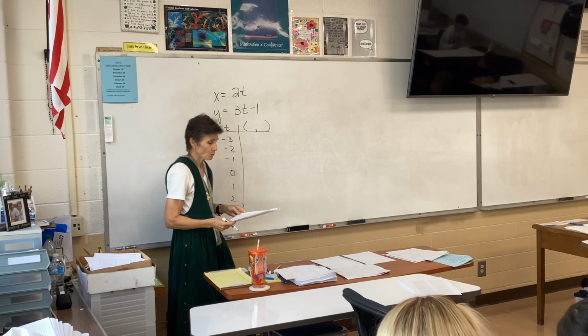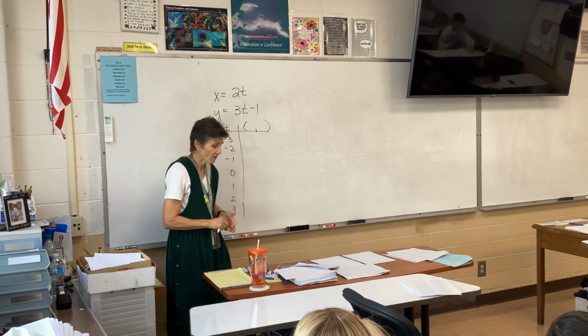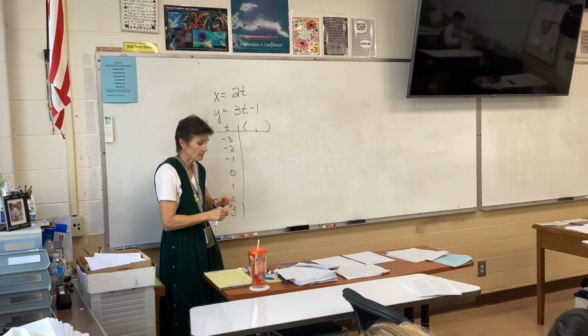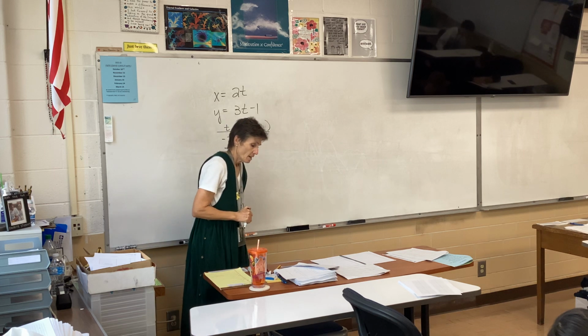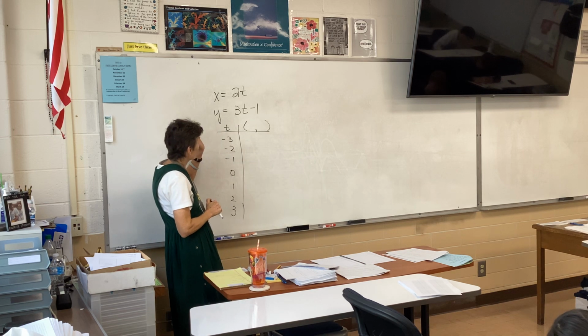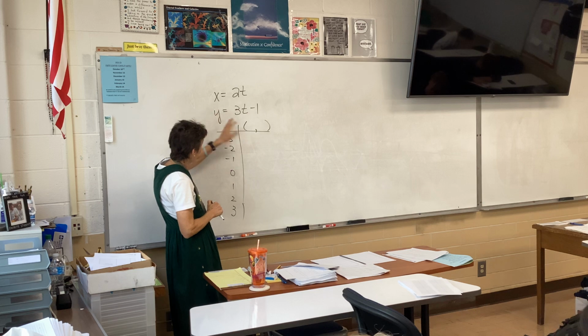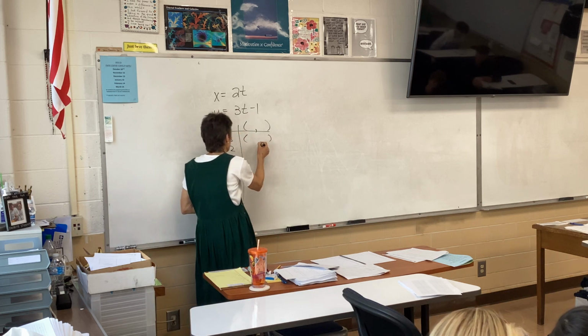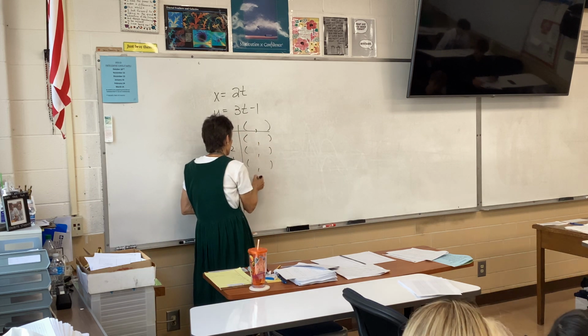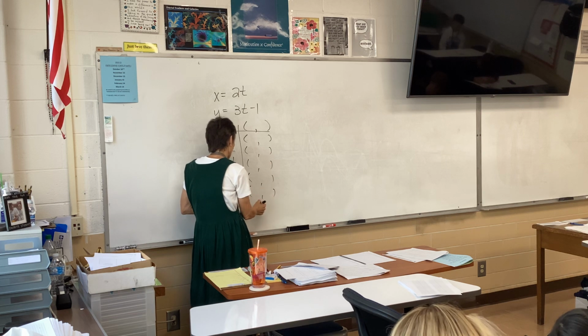So in other words, we're on page 18, problem number 5, on the bottom. We are going to figure out what the x and y ordered pairs are for each of these t values.